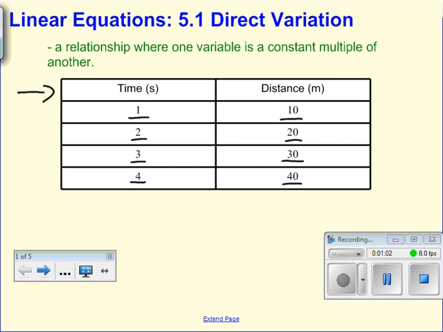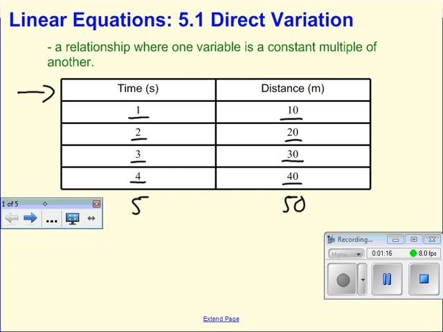If I extended this to 5 seconds, I could figure out that my distance traveled would be 50. Same for 6 seconds, becoming 60, and so on. This also leads to something known as the constant of variation. So if I have my distance, let's call it variable d, and then my time, if I divide them, I'm going to get this constant of variation k.